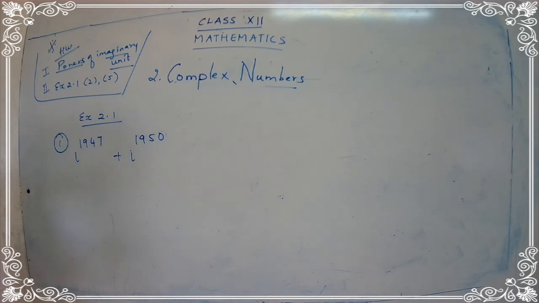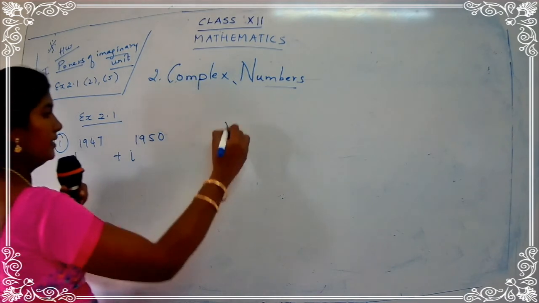So what are we going to do? We are just going to write this as a product of 4. That is, we are going to divide 1947 by 4 and also 1950 by 4. So let's divide and try to write the answer.